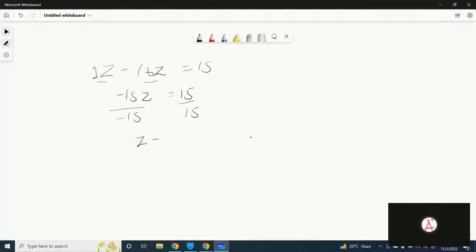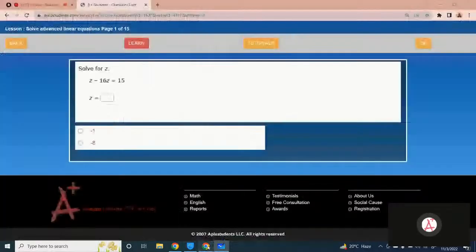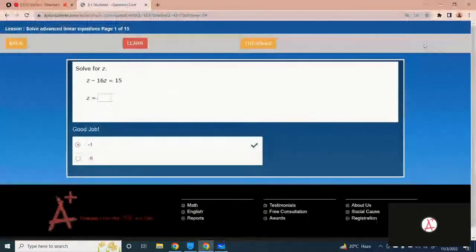So z equals 15 divided by negative 15. 15 times 1 is 15, but you have a negative sign. So that would be z equals negative 1. Got it? So the correct option is negative 1. Just select the correct option and click on the OK button.